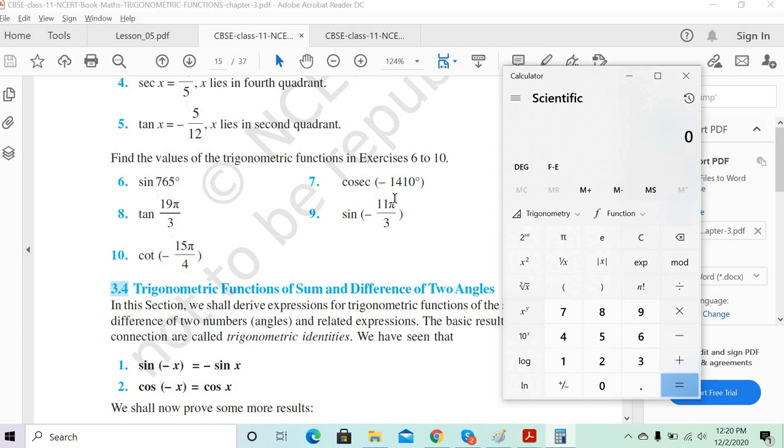Yes, sir. And cosec is positive in the first quadrant. So what is cosec 30 degree? So 2. Yeah, the answer is positive 2.